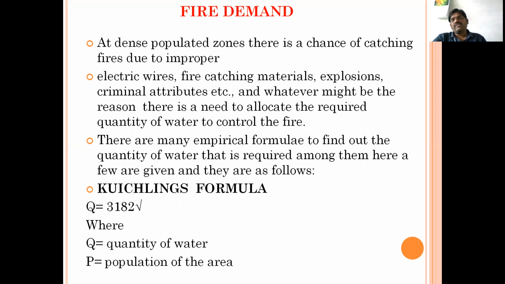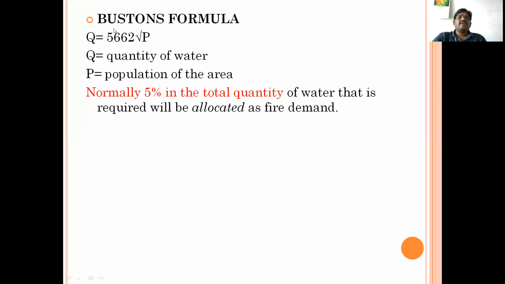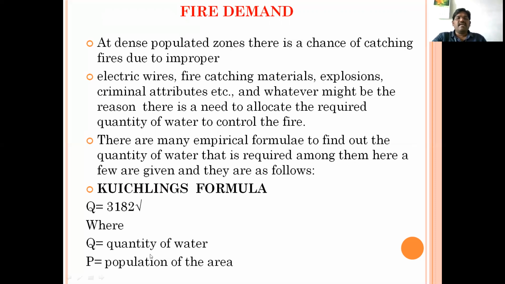The first one is Kuchling's formula, where fire demand is calculated as Q equal to 3182 root P, where Q is quantity of water and P is population of the area.